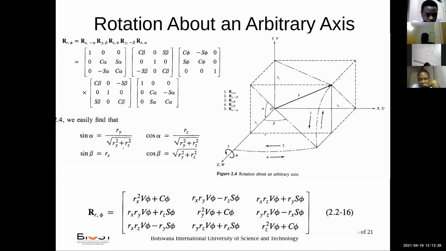We say that there is a vector R in space, and we don't know how this R is oriented with respect to the reference frame X, Y, and Z. So how are we going to represent this rotation in space by using our basic rotation matrices, rotation about X, Y, and Z?